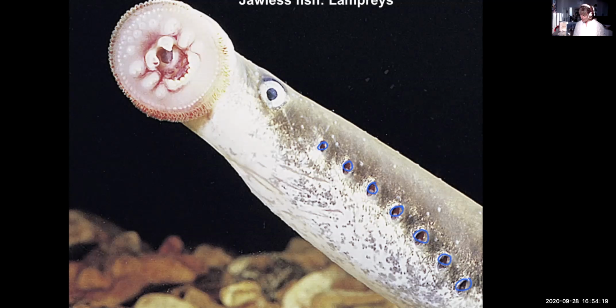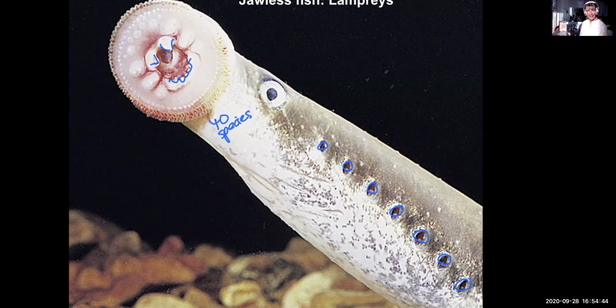They have also a truly remarkably ugly looking mouth. And not all of them, but some of them are parasites on larger fish. So these are the lampreys. And there are about 40 species or so of lamprey.